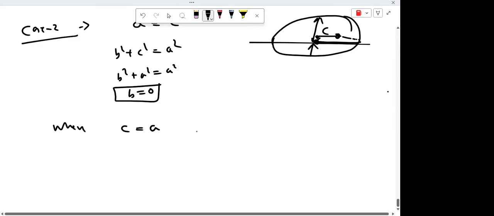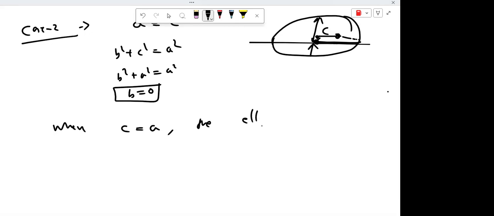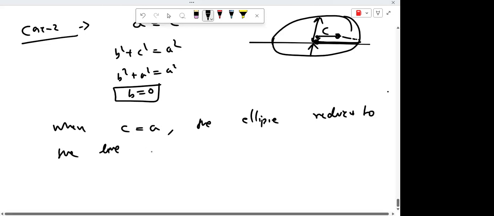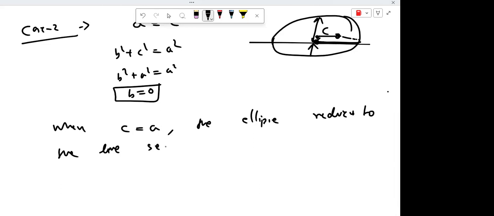When C equals A, the ellipse reduces to the line segment joining F1, F2.